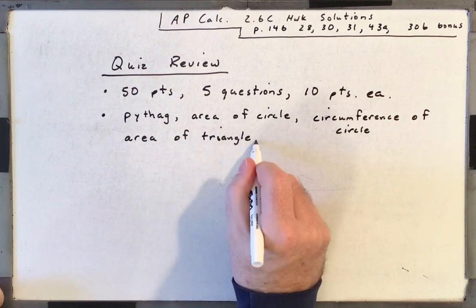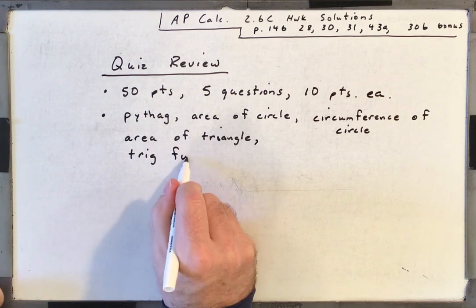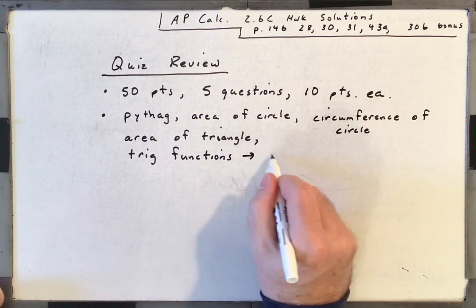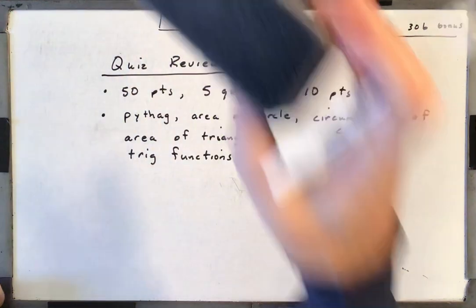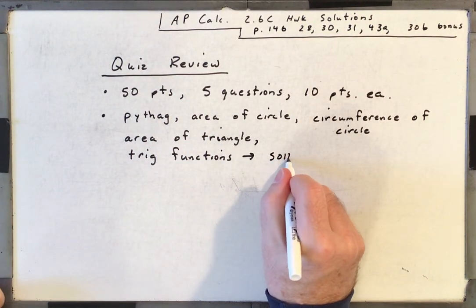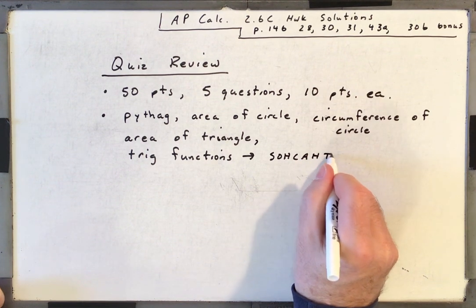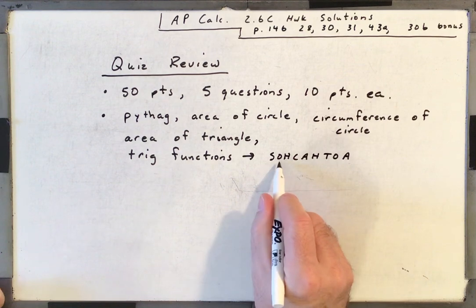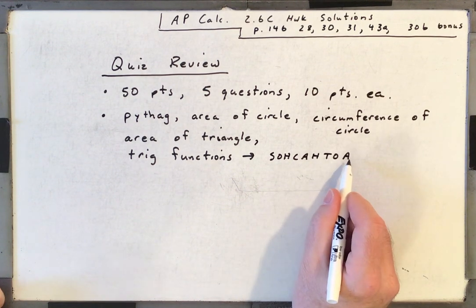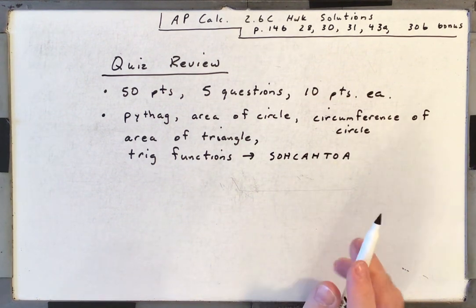You need to know your trig functions. You need to know SOHCAHTOA. So sine, opposite over hypotenuse, cosine, adjacent over hypotenuse, tangent, opposite over adjacent. And if you end up with secant or cosecant or anything like that, you just flip them.